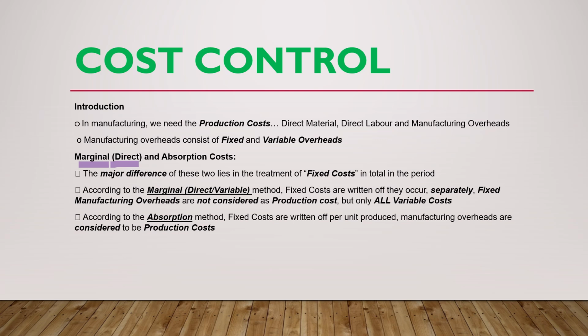So it's marginal, or direct, or variable cost method. The second one is called the absorption cost method. We are going to open an income statement using these two methods. This is just an introduction. You need to know this.